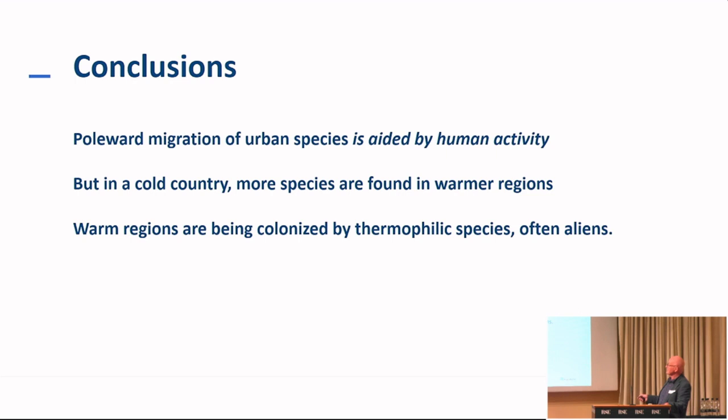And I have also looked at where the aliens come from, and indeed they have a thermophilic nature. So thermophilic aliens are colonising the country, and it's being aided by all this dispersal that we all do whenever we go out, whenever we drive somewhere, whenever we go on the train as well. So that's the end of my talk, so thank you.